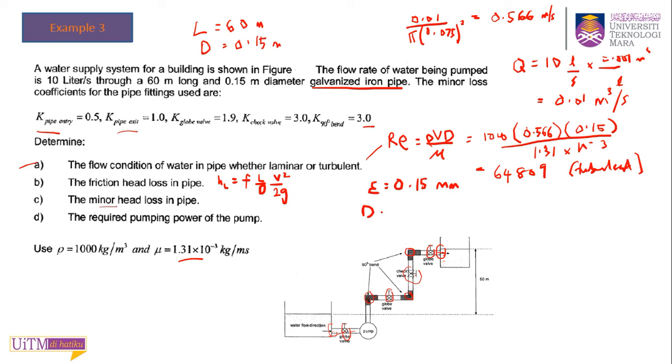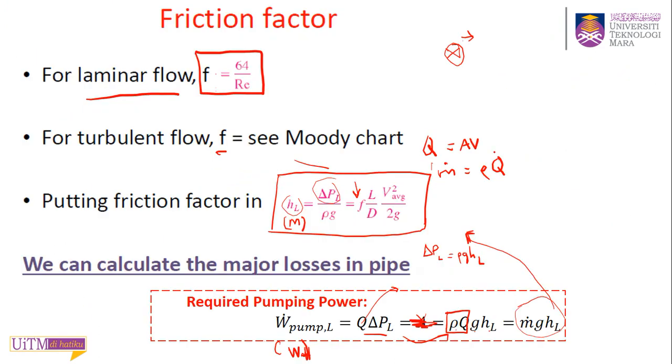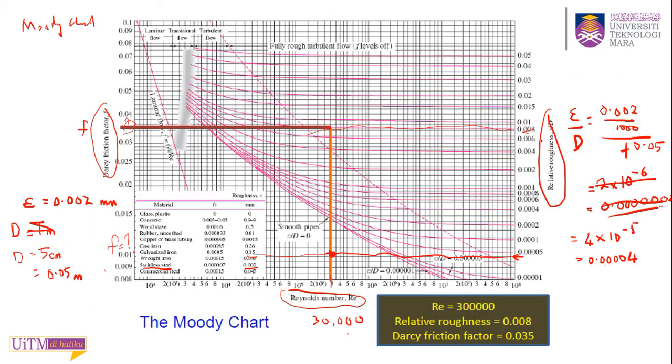So to calculate your relative roughness, you calculate 0.15 divided by 1000 first to change to meter, and then divide by 0.15, the diameter.